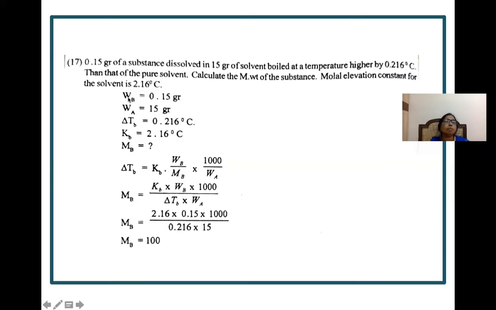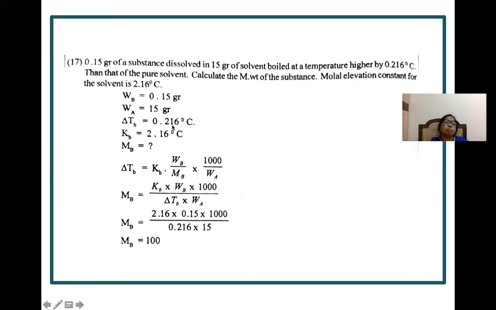So, weight of the solute is 0.15 grams. Weight of the solvent is 15 grams. Elevation in boiling point is 0.216 degrees centigrade. Molar elevation constant is 2.16 degrees centigrade, given in the sum. We have to calculate the molecular weight of the substance.